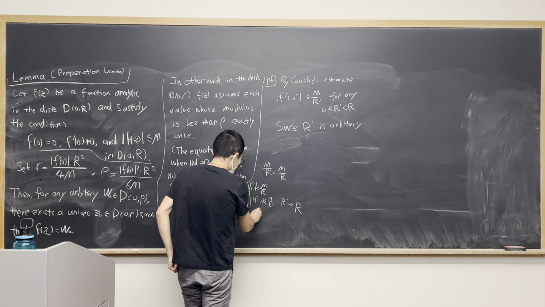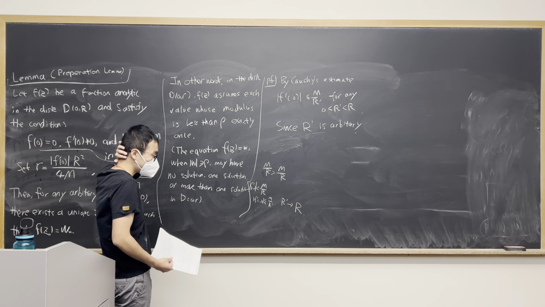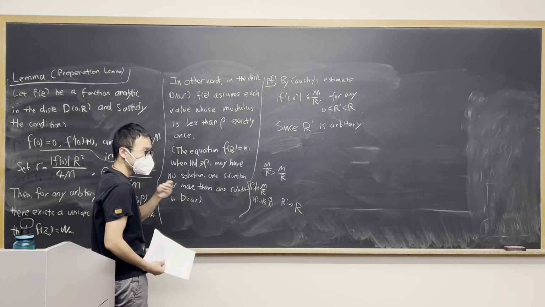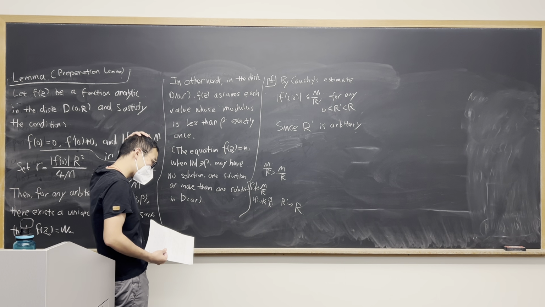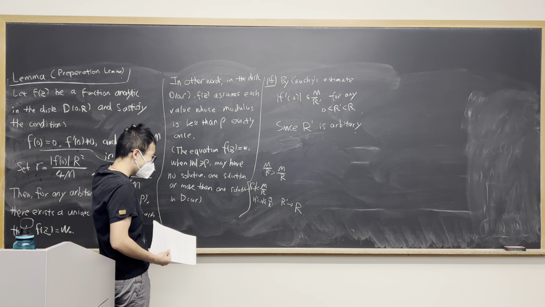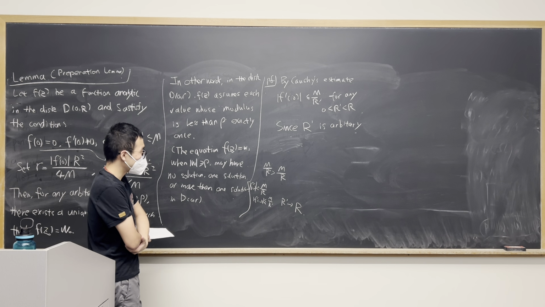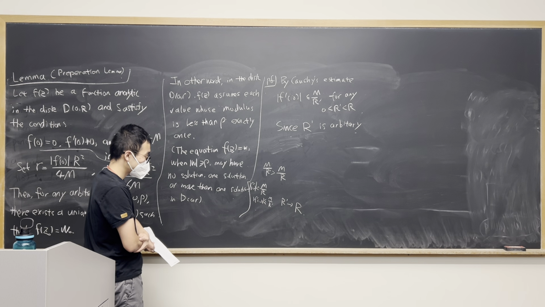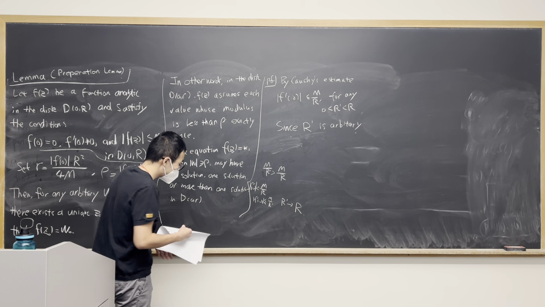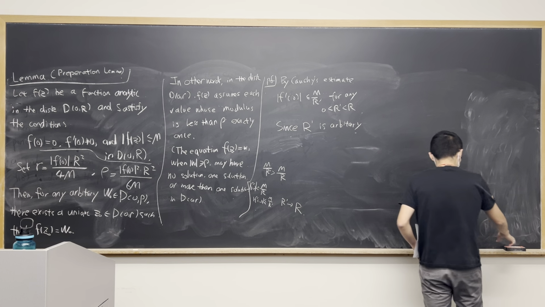We let R prime approach R, because this is a number, so of course it must be less than R.